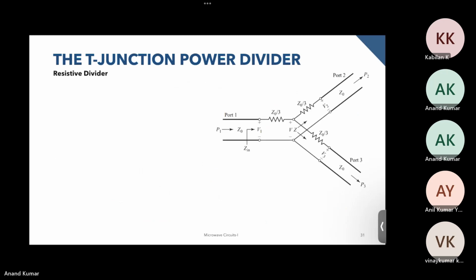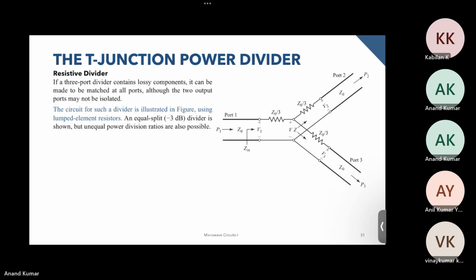In the previous case, we were assuming this power divider to be lossless. If the 3-port divider contains lossy components, it can be matched to all the ports.